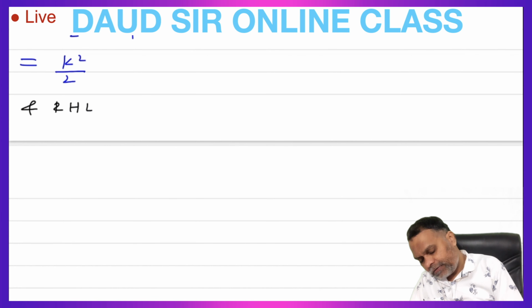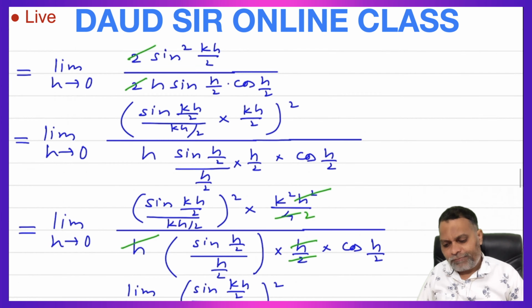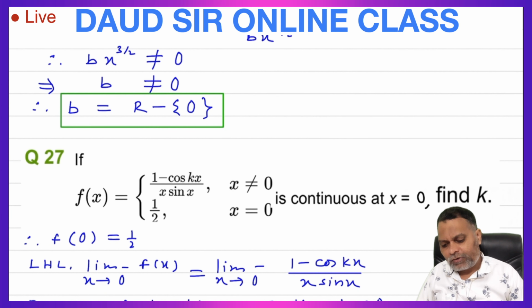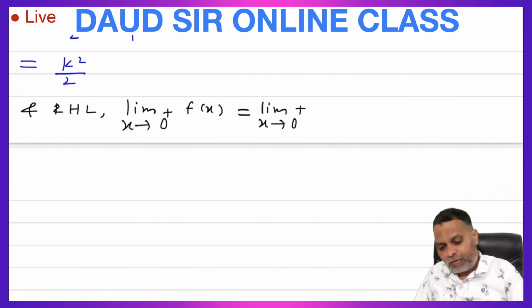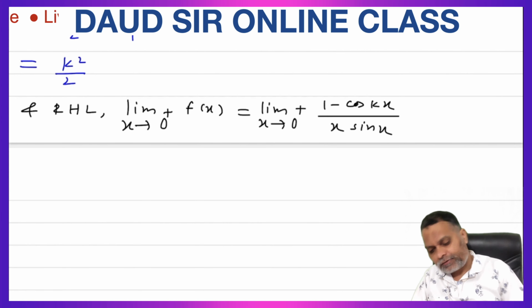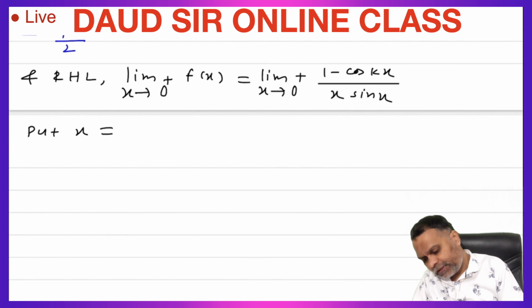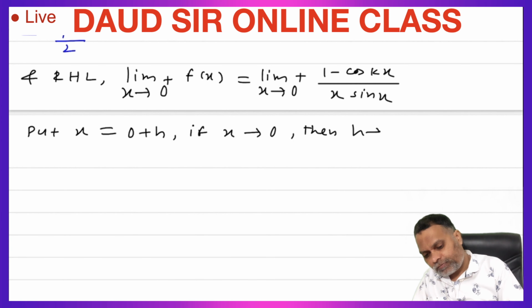And right hand limit. Limit x tends to 0 plus f of x is equal to limit x tends to 0 plus the same function, 1 minus cos kx upon x into sin x. Now for right hand limit put x is equal to 0 plus h. If x tends to 0 then h tends to 0.